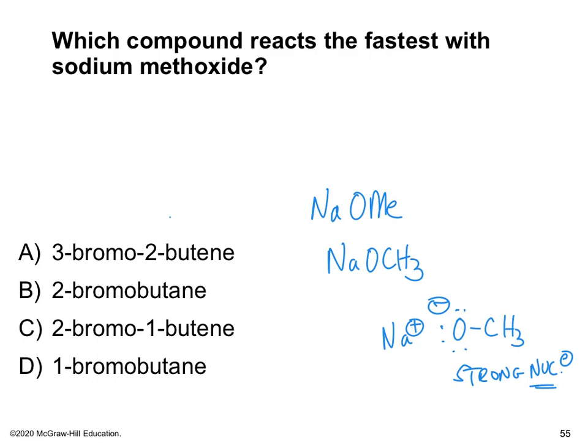Now let's draw these: 2-butene, 3-bromo-2-butene, 2-bromo-1-butene, 2-bromobutane, 1-bromobutane. So 2-bromo-1-butene is an sp2, no reaction. 2-bromobutane is a secondary.